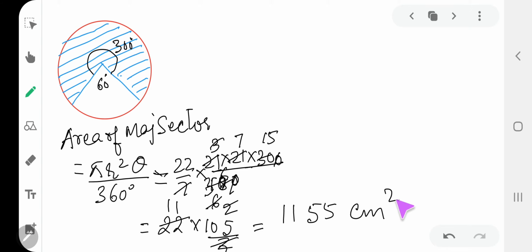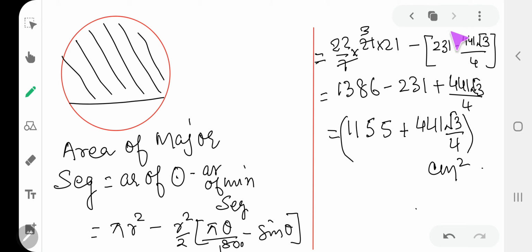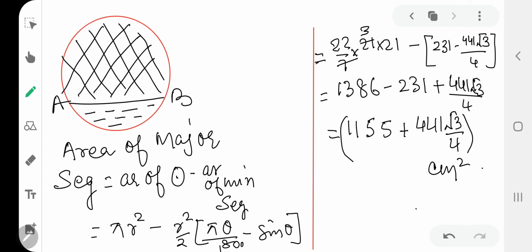Once again, please check the calculation, children. Now let us find the area of the major segment. Area of the major segment means the area of the circle minus the area of the minor segment. So from the whole circle, if you subtract the area of the minor segment, you will get the area of the major segment.